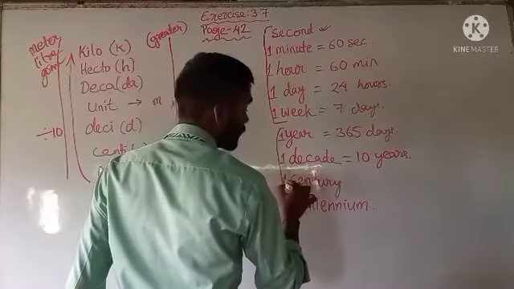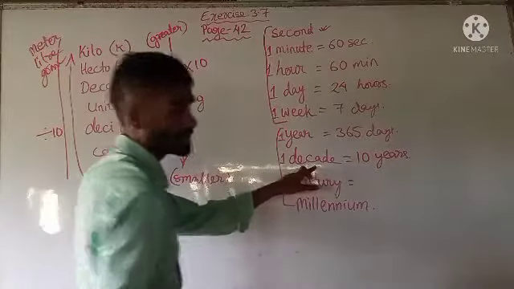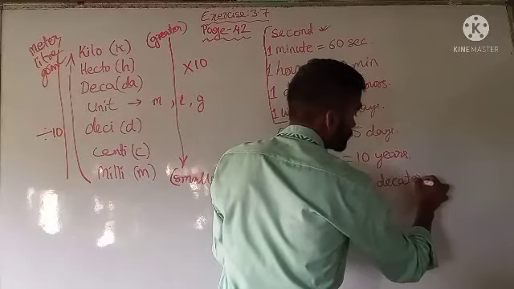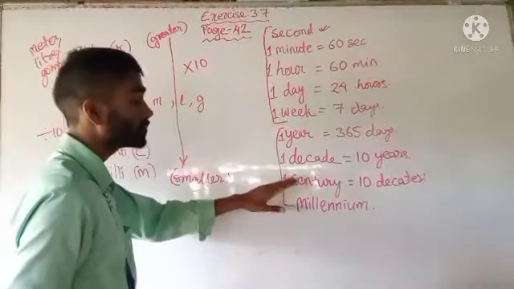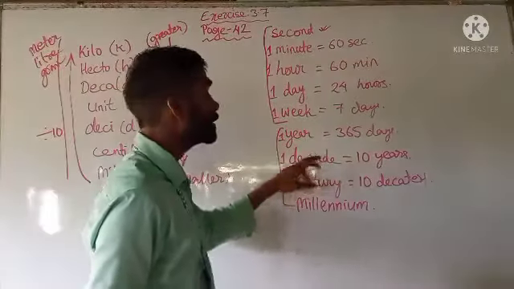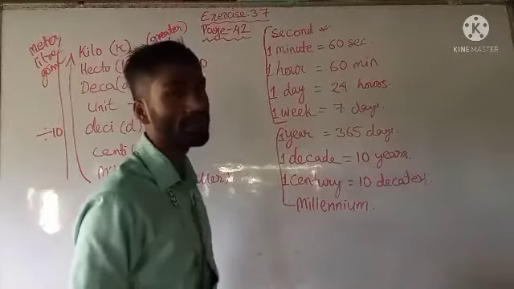And now again 1 century. 1 century is equal to 10 decades. Alright? 10 decades. Now when we are talking about years, for century, we'll have to multiply by 10 in order to convert it into decade and again by 10 in order to convert it into years.